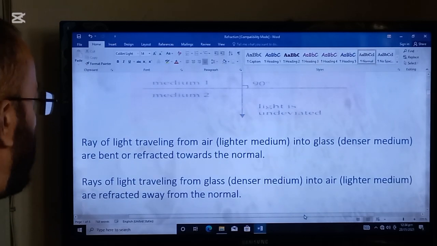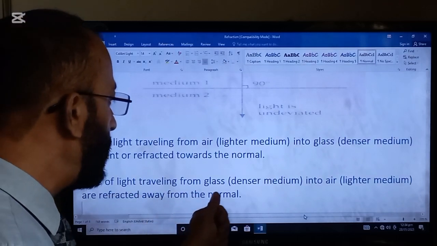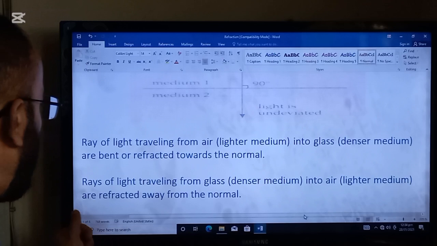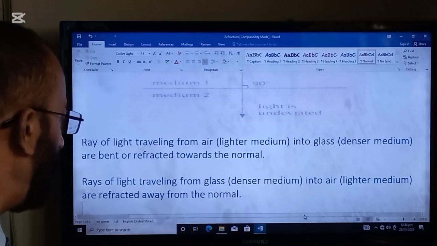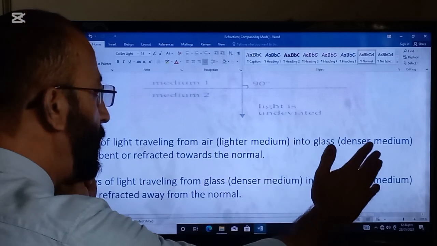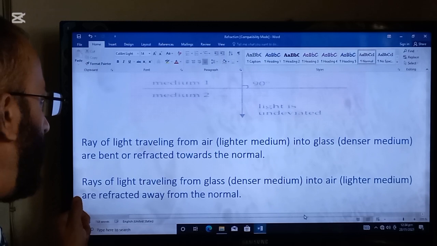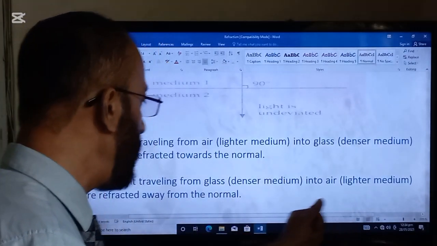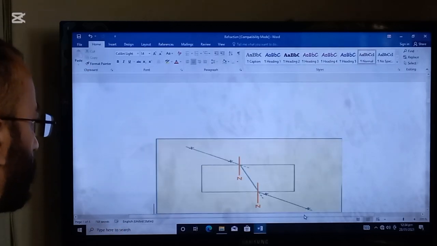And the opposite is, rays of light traveling from the glass, that is denser medium, into air, lighter medium, are refracted away from the normal. So in short, in easy words, if the light is passing from lighter to denser medium, it will be refracted towards the normal. And if the light is passing from denser to lighter medium, it will be refracted away from the normal.